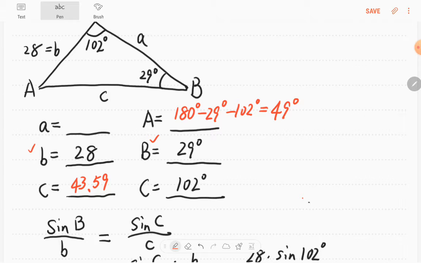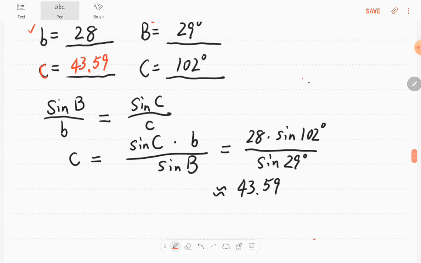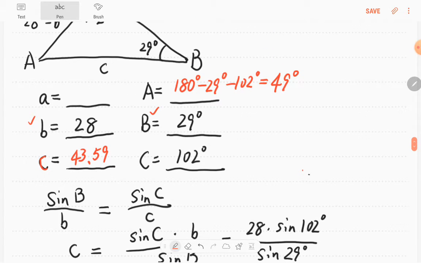The reason is, if you use the side c and the angle C, it will cause some approximation error, because this side c is an approximate number. We just keep two decimals, so it may cause some calculation error if you use this side c and angle C to get side a. So we still use side b and angle B.